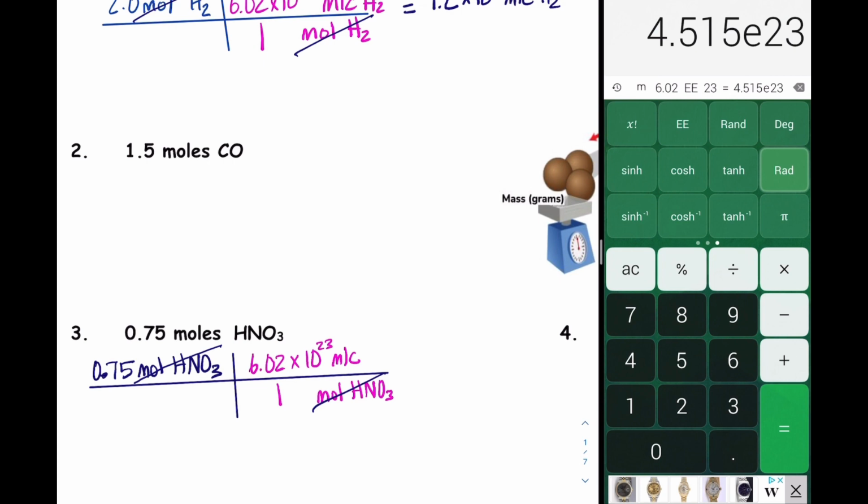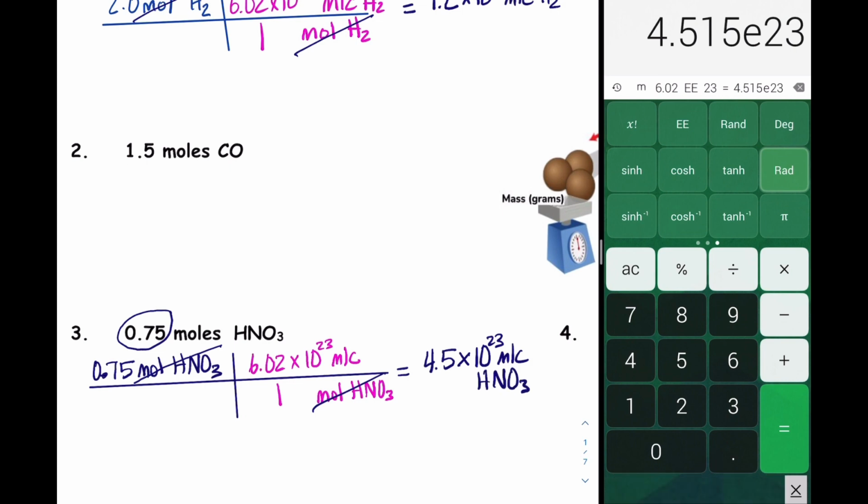Remember, we will still be using significant digits to record our final answer, and our given value has 2 significant digits. So we're going to round the calculator answer to 4.5 times 10 to the power of 23 molecules of nitric acid. So that's how you do mole to particle or mole to molecule conversions.